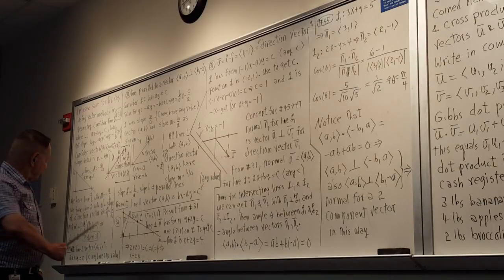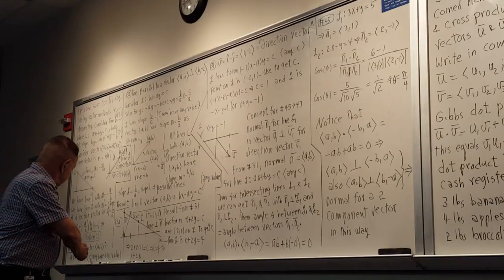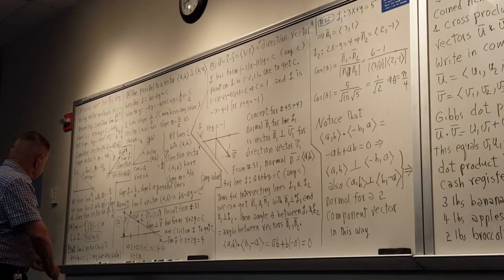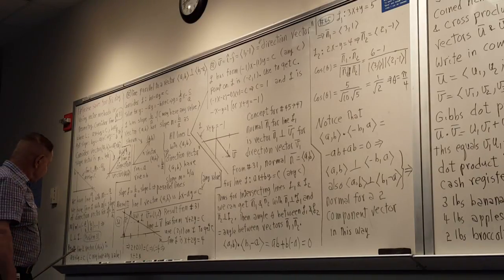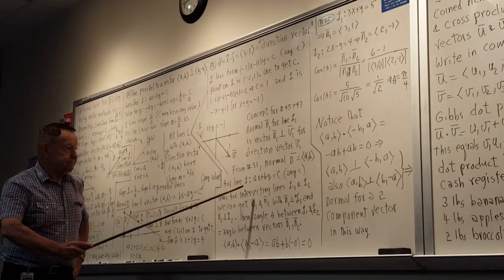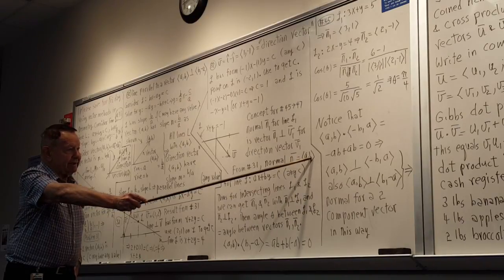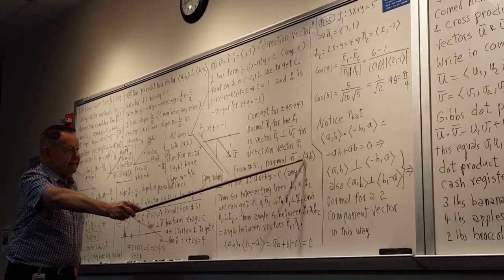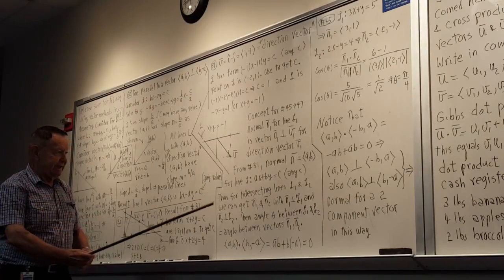So again, from the result of problem 31, if you have a vector, the line that's perpendicular to it uses the components of your vector as its coefficients for x and y. So if the normal for a line in the plane is A, B, then the line itself is going to look like AX plus BY equals C.